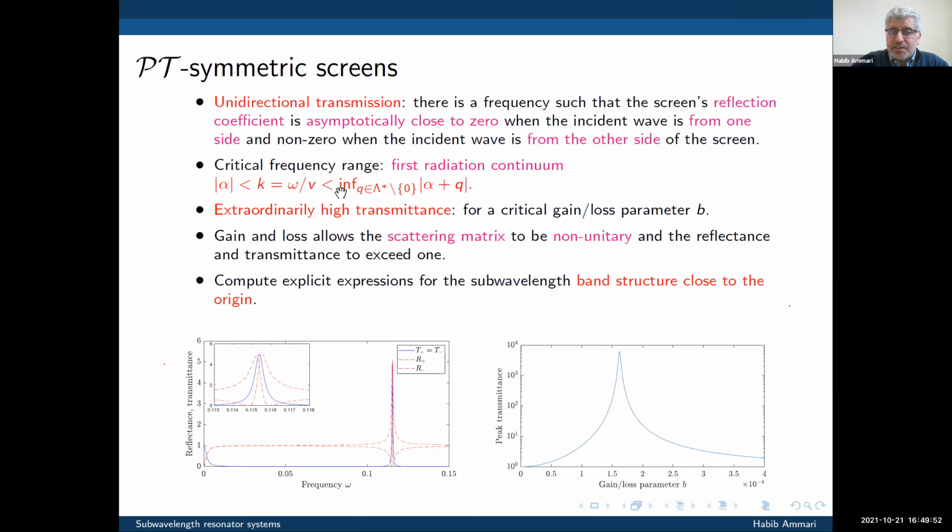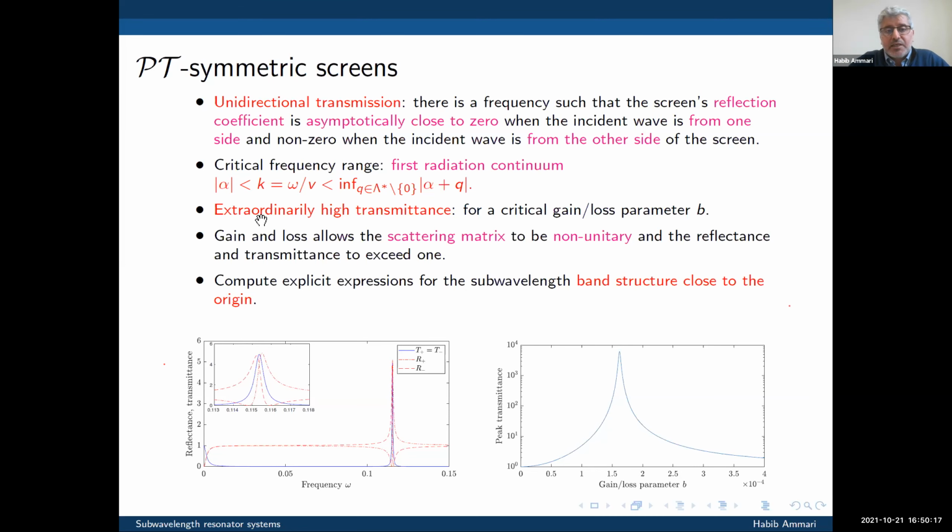And this frequency here is, remarkably, inside this first radiation continuum. It's close to the part where alpha is 0. Okay. So this is the unidirectional transmission. So there is transmission only from one side.